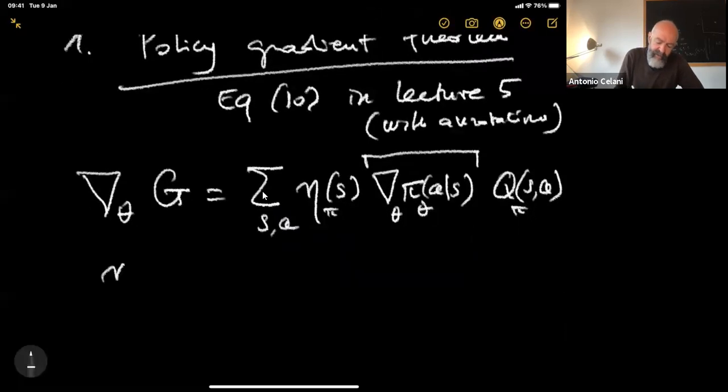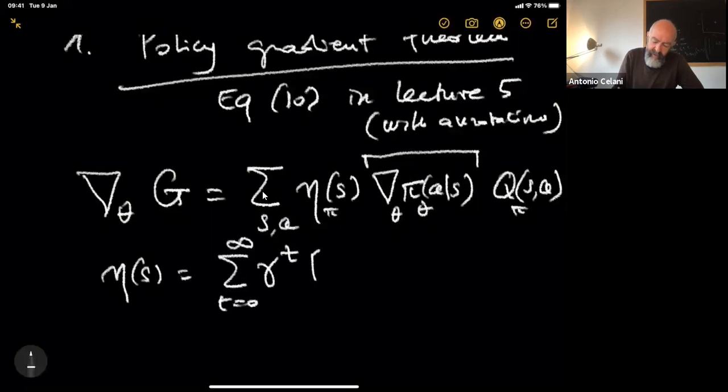So let me recall what these objects are. This eta s is the on-policy visiting times. Namely, this is defined as the discounted sum from 0 to infinity of the probability that the state s_t is equal to s at time t.